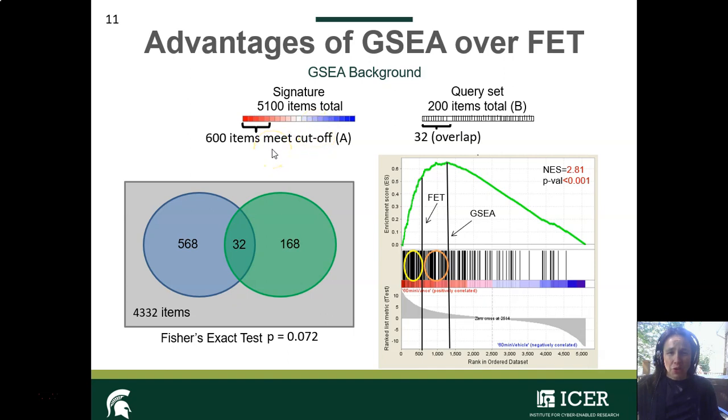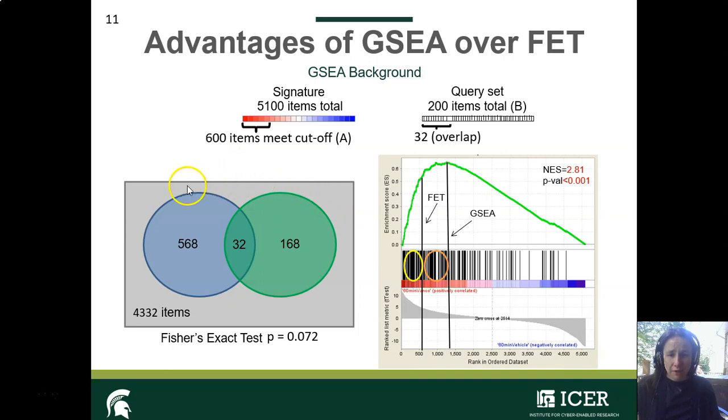So just to show you the power of GSEA over Fisher's exact test as a visual, we'll go back to our original example, except in this case my signature has around 5,100 genes. 600 of them meet my particular cutoff. And I've got a query set that's got 200 genes. 32 of those genes overlap with my 600 genes that meet the cutoff.